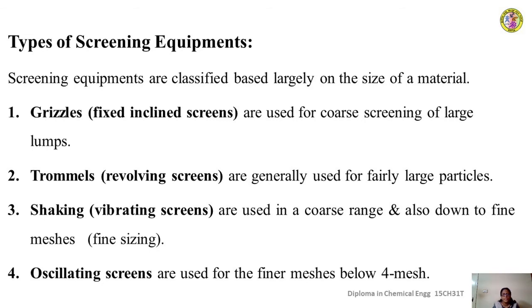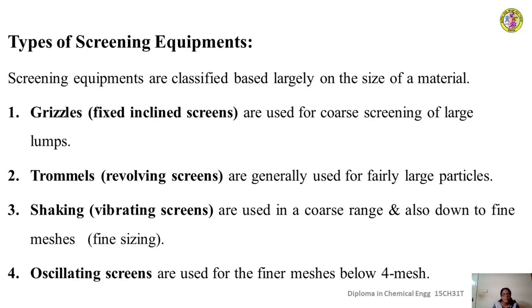These types of screens are used for particular types of material. Grizzlies are used for coarse screening of large lumps. These are the ones where big lump-sized solids are subjected to separation so that the fine particles are separated from them.